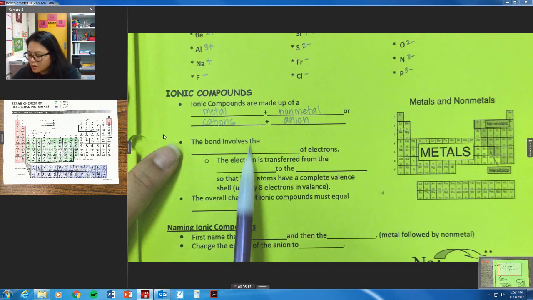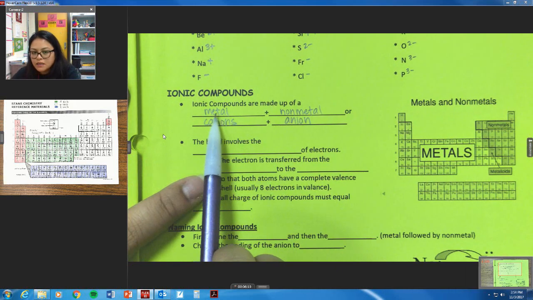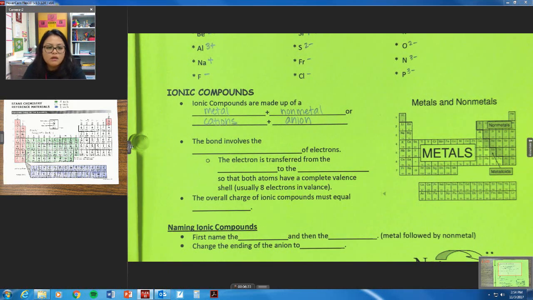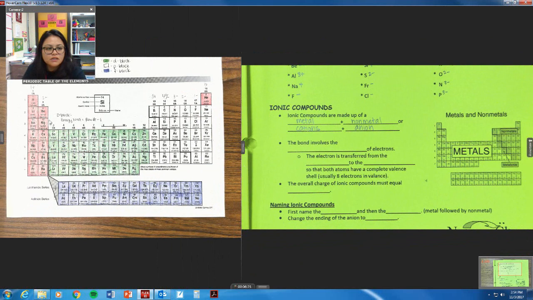Remember, our metals are mainly going to be our cations, because on the periodic table, what kind of oxidation number do our metals have? They have a positive charge. So again, our metals are going to be our cations. And our nonmetals, if you take a look, are mainly negative, so they are our anions.